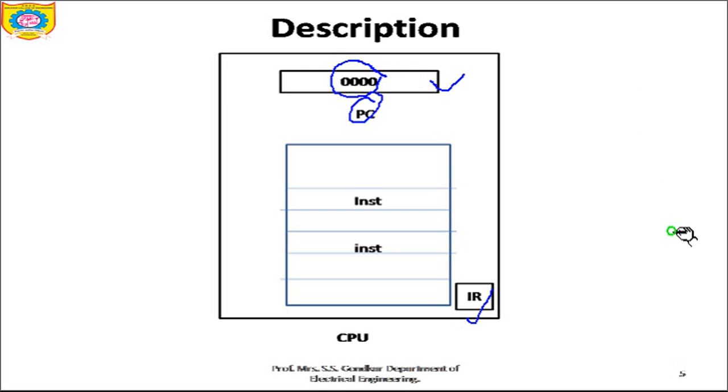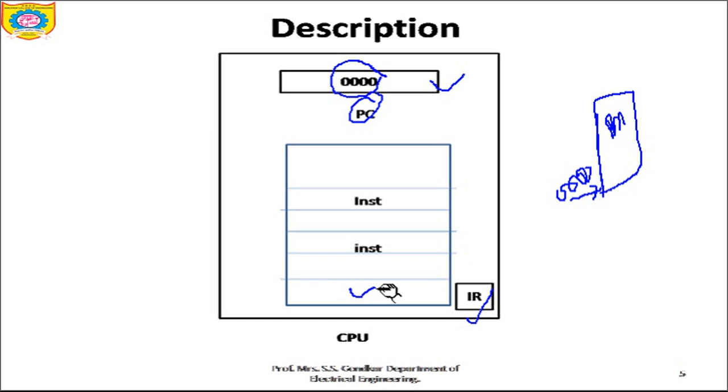It means you have a program memory over here, and whatever the instruction at the location 0000 is, that will be fetched and stored here in the instruction register. But this is not the complete instruction.